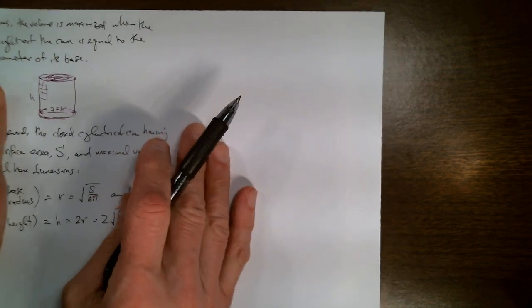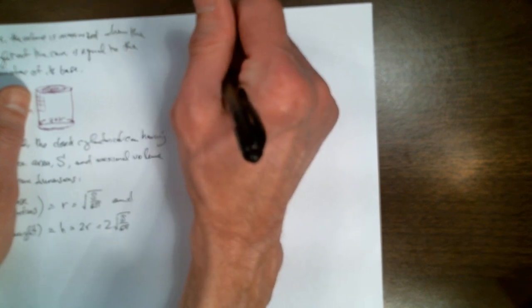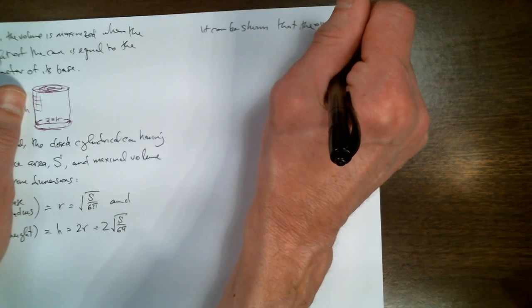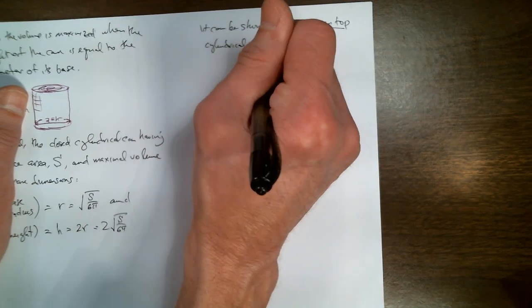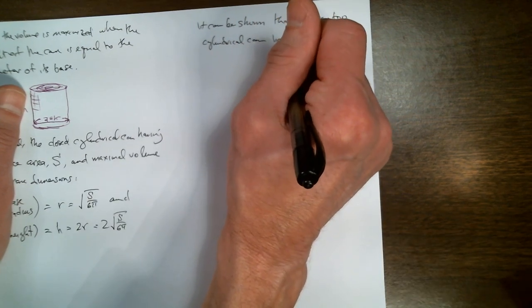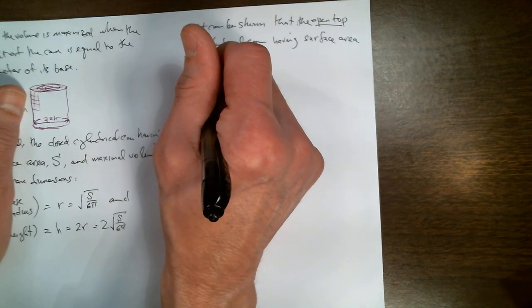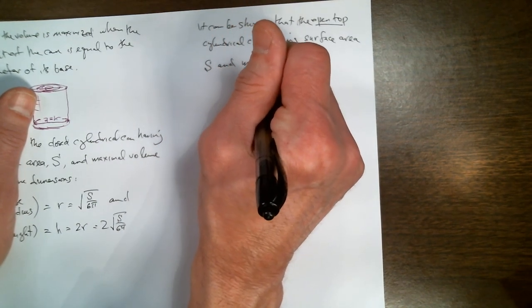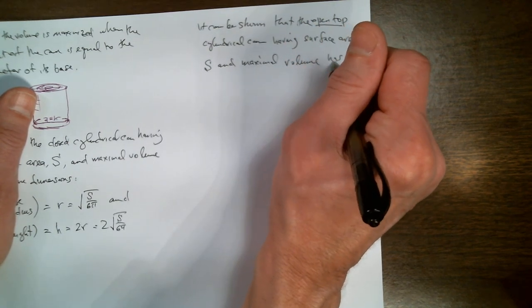In fact, solving the problem for the open top can, we'll just mention here that it can be shown that the open top cylindrical can having some surface area, capital S square units, and a maximal volume, will always have the following dimensions.